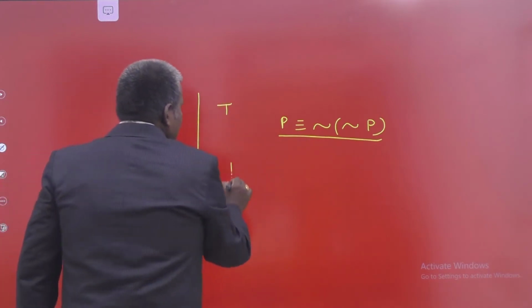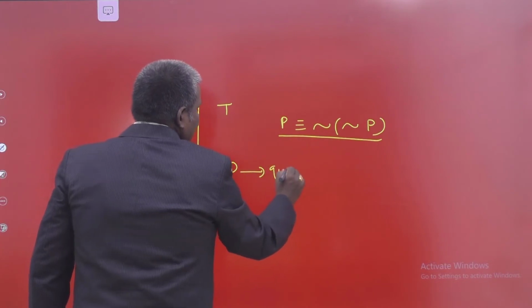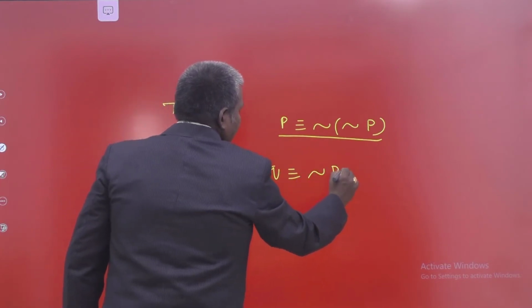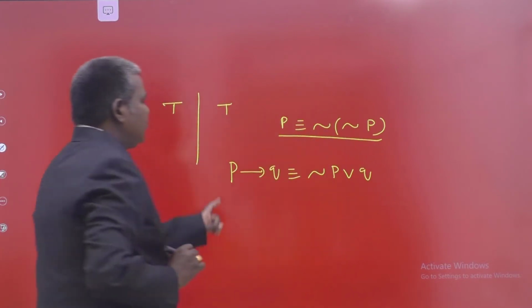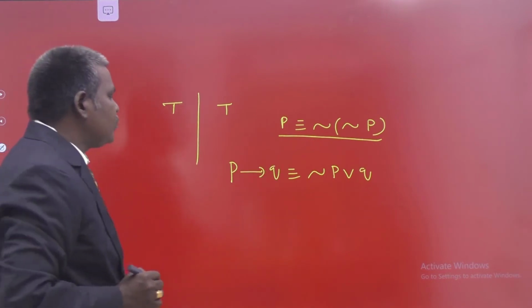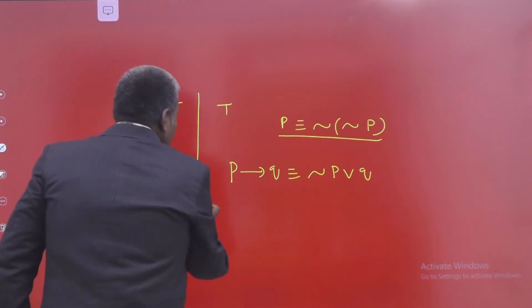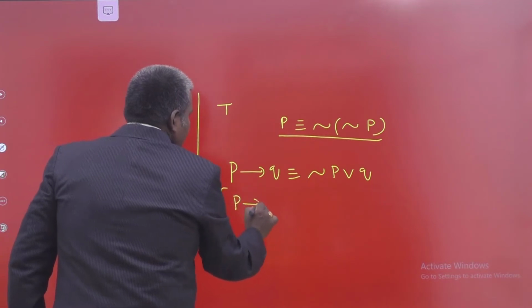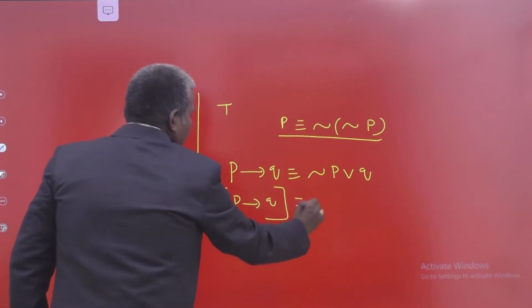Again, P implies Q is always equivalent to negation of P or Q. What about negation of P implies Q now? This is De Morgan's law.